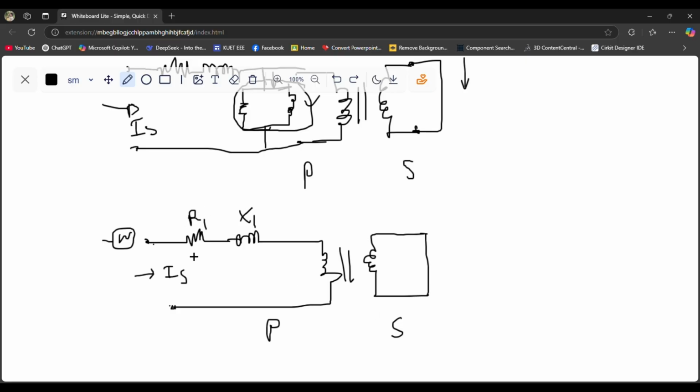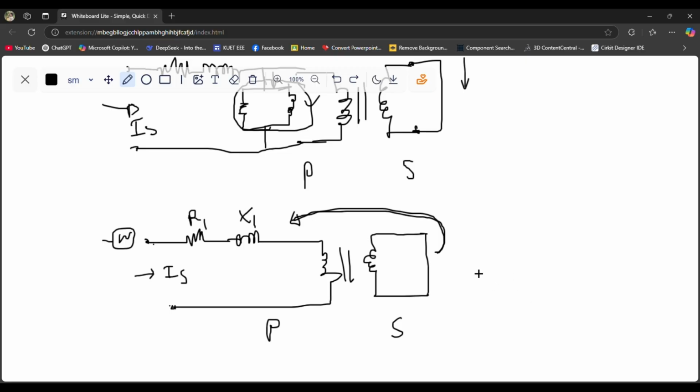But we have the primary side component only. So one important modification should be done: we have to consider the secondary side components, so we have to take these components to this side.